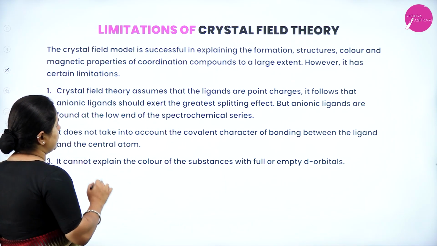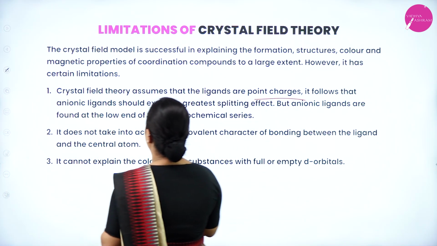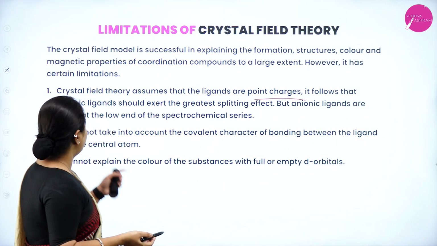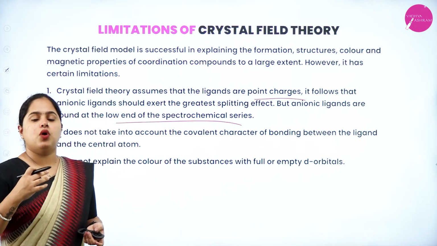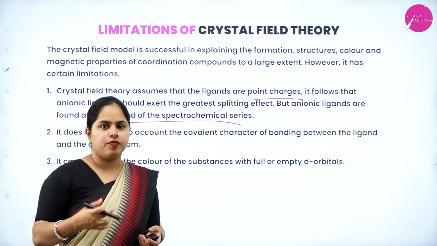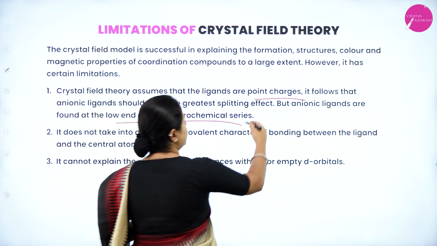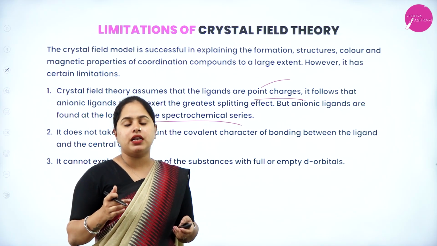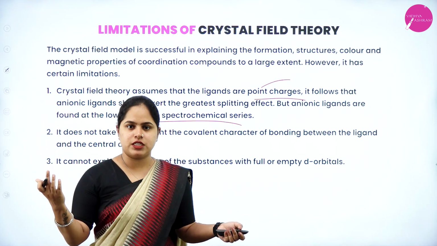But the crystal field theory assumes that the ligands are point charges. It follows that anionic ligands should exert the greatest splitting effect, but anionic ligands are found at the low end of the spectrochemical series. According to the crystal field theory, in the beginning itself, we discussed that the ligands are considered as point charges if they are anionic, and anionic ligands are supposed to show high crystal field splitting.